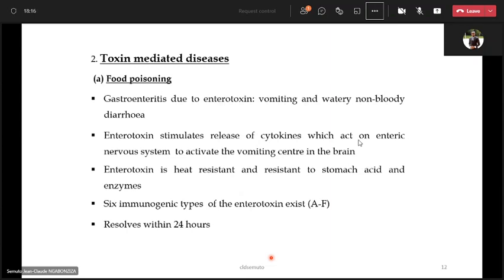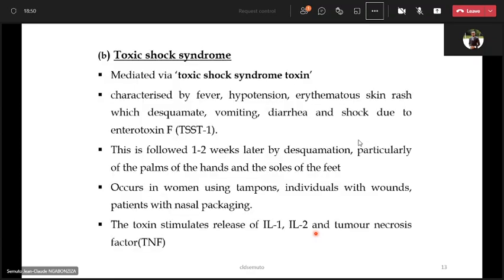And it can also resist acid in the stomach, so it will definitely cause problems. There are types A to F, and all are immunogenic, so we can have antibodies. The symptoms can easily be resolved within 24 hours: vomiting and watery, non-bloody diarrhea can be over as quickly as 24 hours.